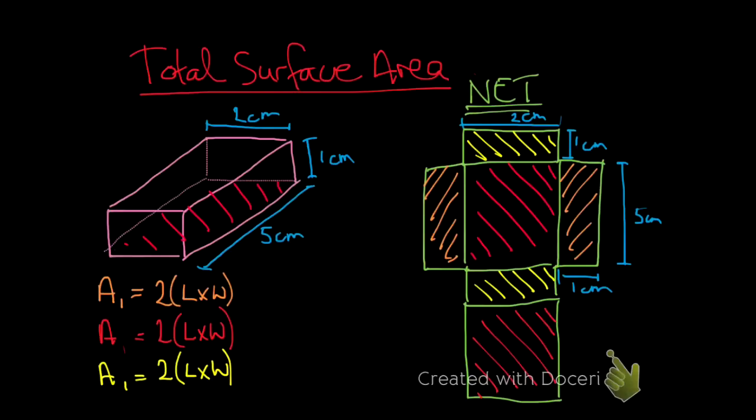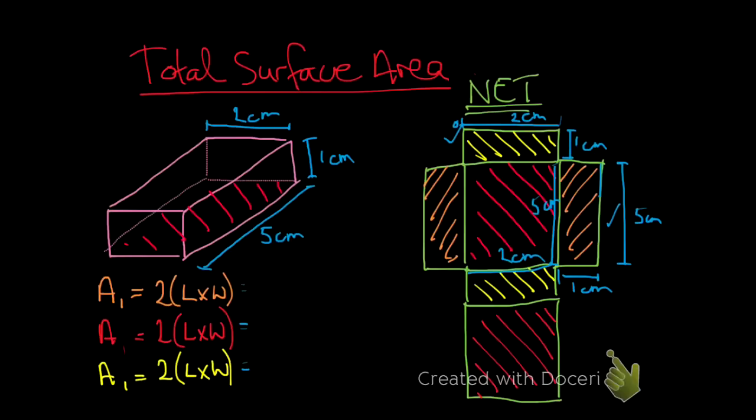So we've got the ones for the yellow, the ones for the orange, and let's look at the ones for the red. Now, folded over, knowing that this one is going to be 5, this is also going to be 5 centimeters. Knowing that this one is 2, this one over here is going to be 2 also. So now we've got all of the lengths that we need to work out the area of our rectangles.